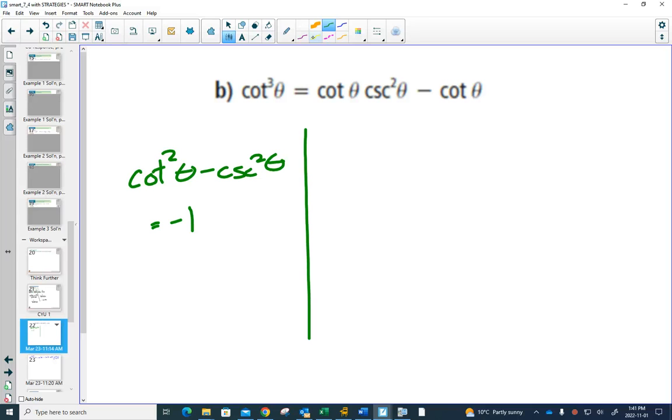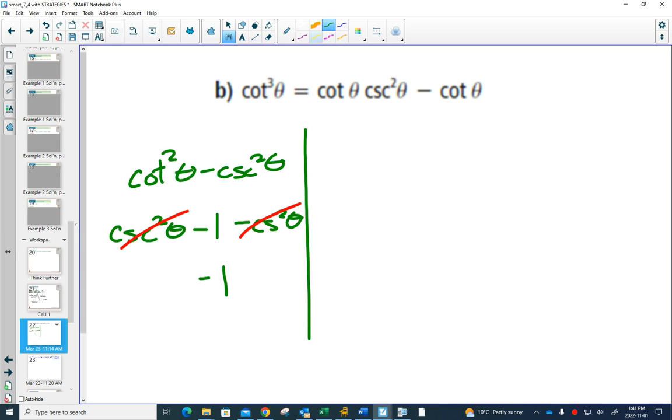I have to move the cosecant over, I have to move the 1 over. Two mental math things had to happen. So this would generally be seen as not showing enough work. What could I do instead? I could change my cotangent squared to cosecant squared minus 1, minus cosecant squared, and then these would cancel out and I get minus 1. That would be showing enough work.